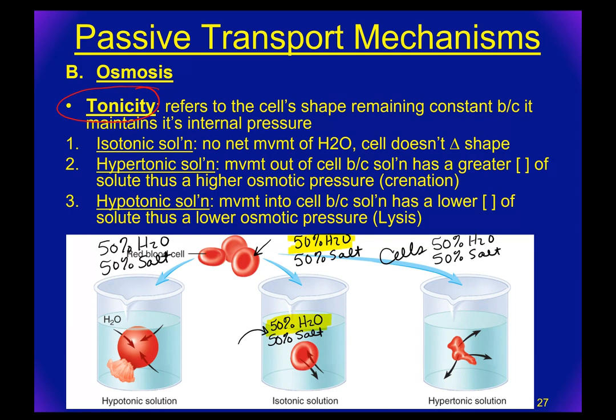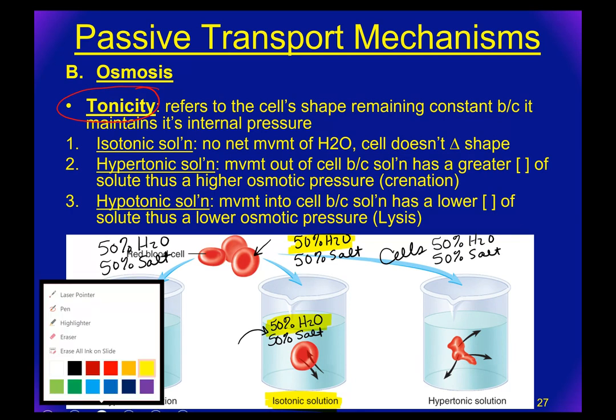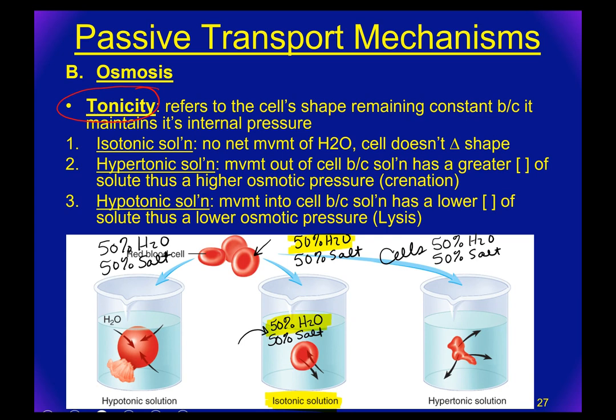They're the same. So this solution that my cell is sitting in is exactly what is inside of my cell. So we call this an isotonic solution. It's the same. Remember, iso means the same. So in an isotonic solution, because again, water wants everything equal.